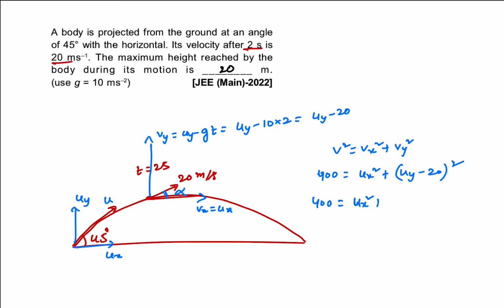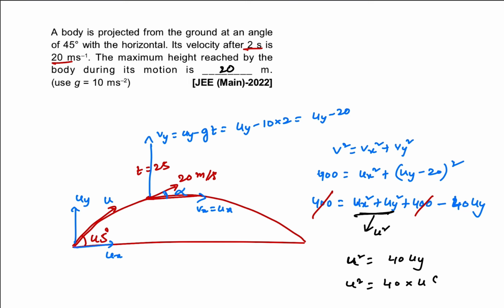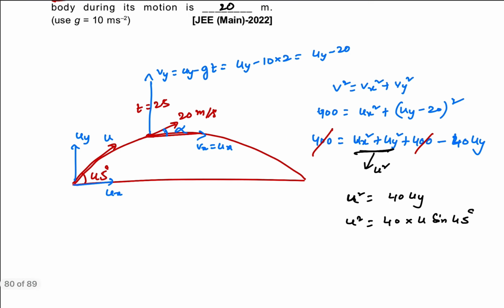Now you can write 400 is equal to Ux square plus Uy square plus 400 minus 2 into 20, that is 40 into Uy. Now you can see 400 and 400 get cancelled. Ux square plus Uy square is nothing but u square. So u square is equal to 40 into Uy, which is 40 into u into sine 45 degrees.